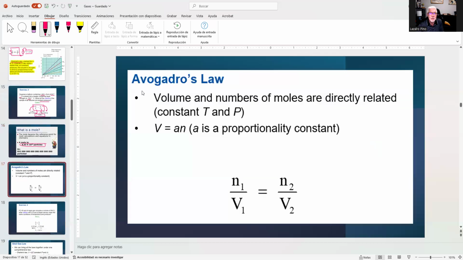Avogadro's law established that the relationship between the amount of substance and volume is directly proportional, and it uses this formula. If you know the number of moles and the volume of one state of the gas, you can find out the volume or the number of moles in the other state if you know one of them.